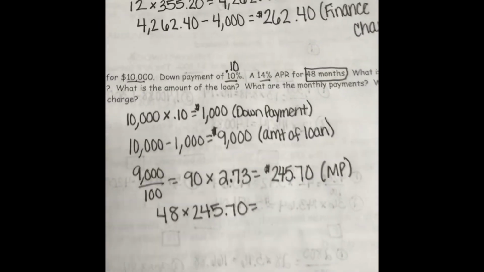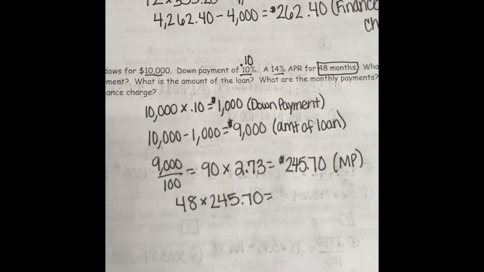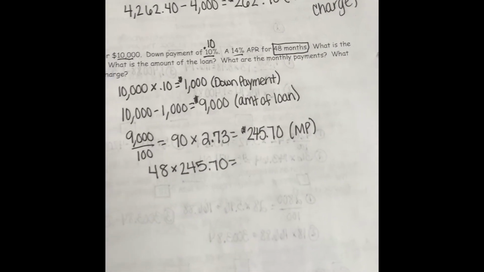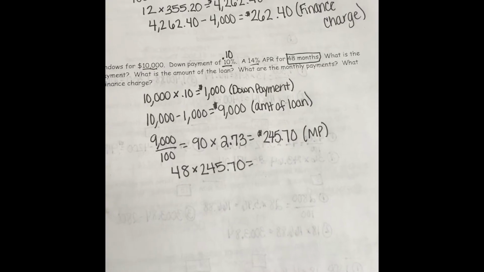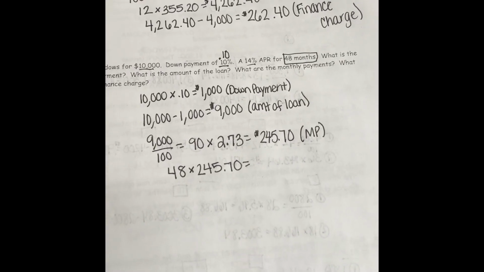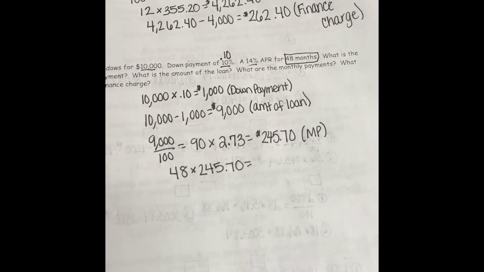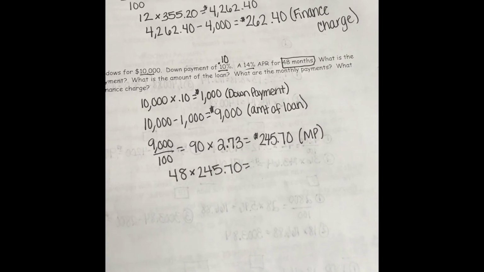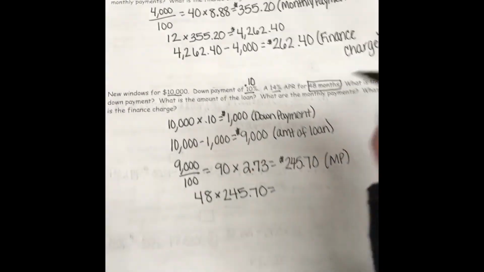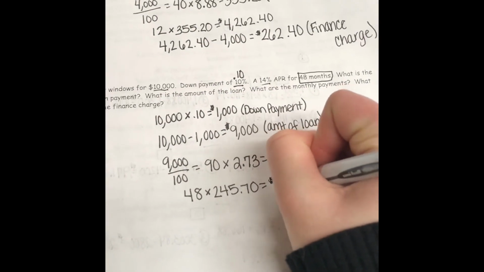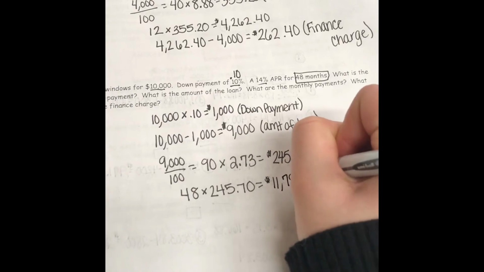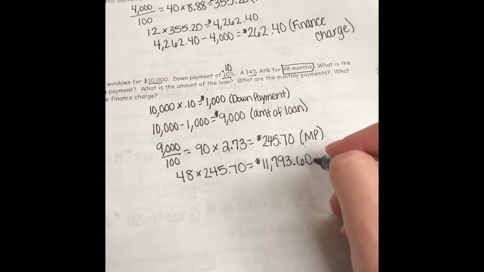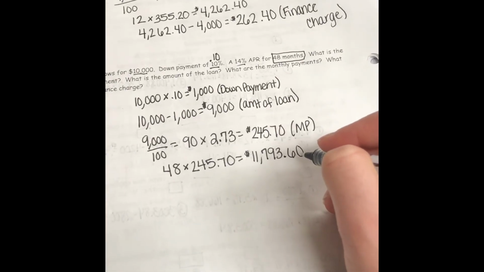And we're going to multiply those together. I get $11,793.60. So this is how much it is with the interest and with the loan.